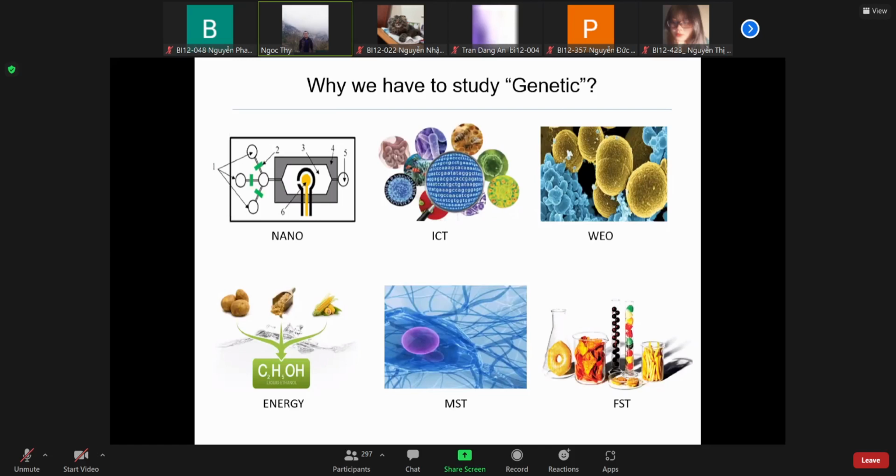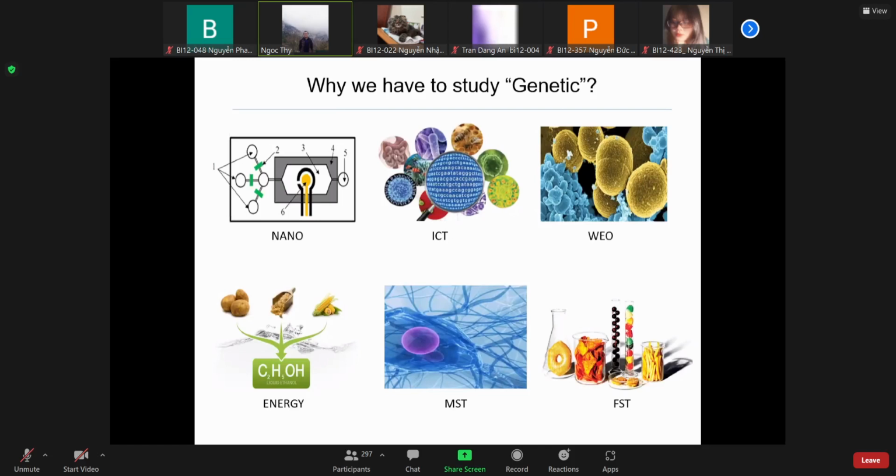What are the consequences if I have a mutation or a variation at this position? So annotating the genome is a very important task if we want to understand the meaning of our genome, and ICT, computer science, plays a critical role in this.